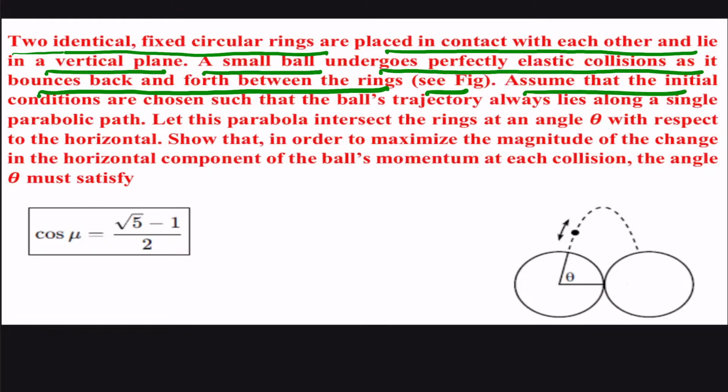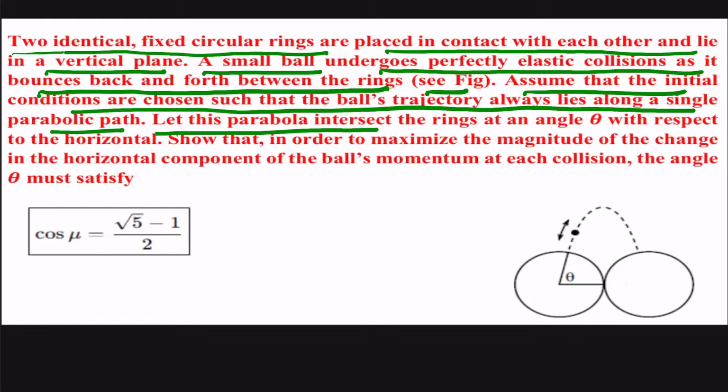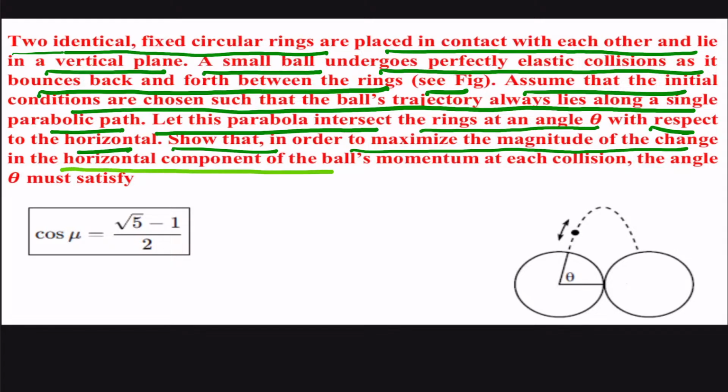Assume that initial conditions are chosen such that the ball's trajectory always lies along a simple parabolic path. Let this parabola intersect the rings at angle theta with respect to the horizontal. Show that in order to maximize the magnitude of change in the horizontal component of the ball's momentum at each collision, the angle theta should be equal to the square root of 5 minus 1, divided by 2.